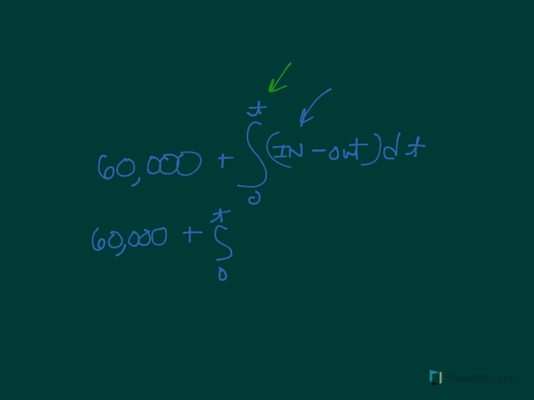The rate coming in was the 2,000 from the beginning, minus what was going out, that was the r of t function that they gave you, which was 400 square root of t.